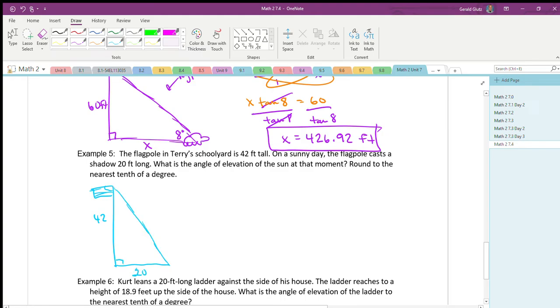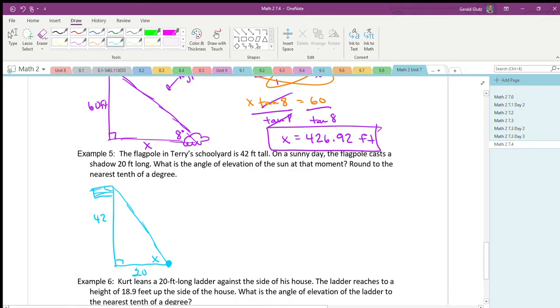It's a 90-degree angle. What is the angle of elevation of the sun at that moment? So if you were standing right here at this spot, and you looked up and the sun was right there, it's casting the shadow. So this is the angle of elevation that we're looking at. So angle of elevation is pretty much always going to be on the ground. So we never use the 90-degree angle, so the only choice really is this angle.